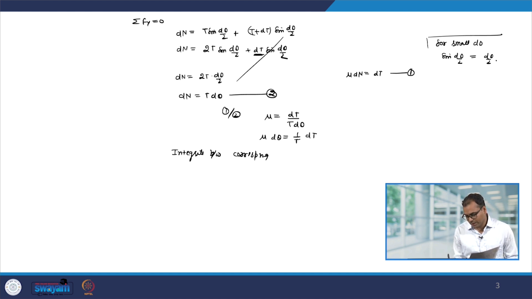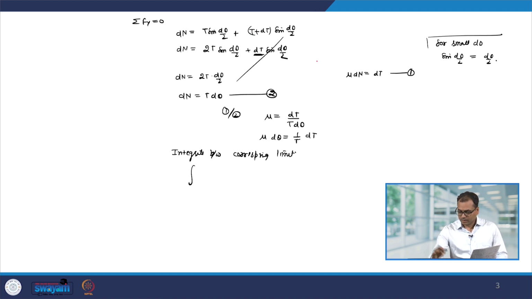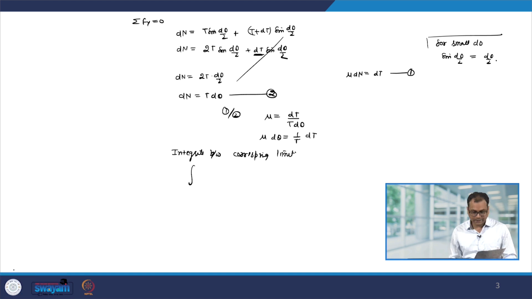So, let us say corresponding limit. So, we have the integral. Let us say the belt makes an angle beta. So, let us say this angle is beta. Therefore, the integral from 0 to beta of mu d theta equals, we already know the limit on the tension, it starts from T1 to T2.